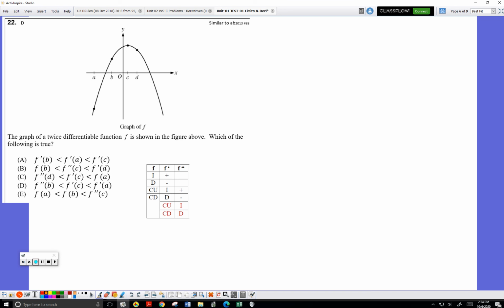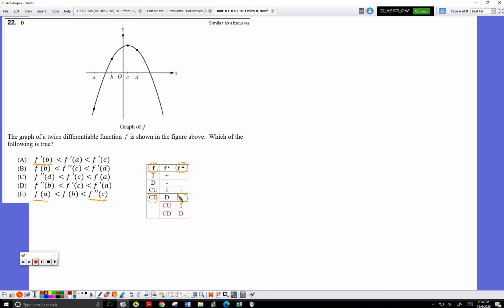Very, very smart. Caleb said, I can tell from the question that I'm supposed to be comparing values of f to values of f prime to values of f double prime, and made a really smart initial conclusion that because f is always concave down, f double prime must be negative.